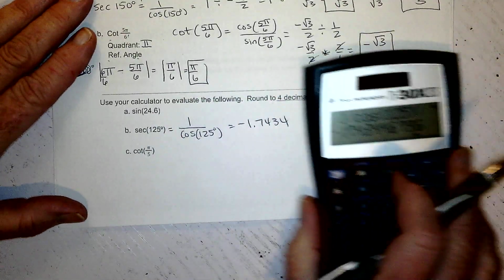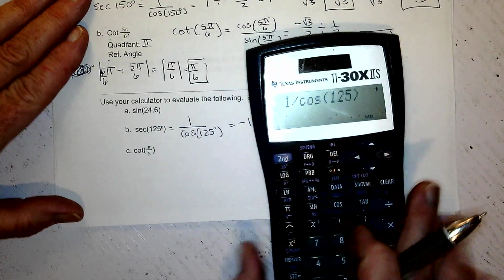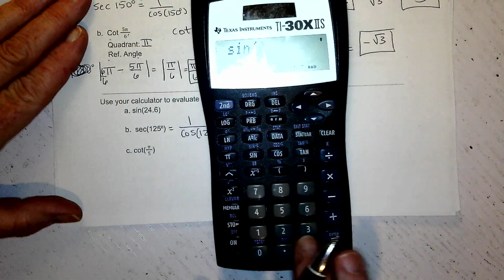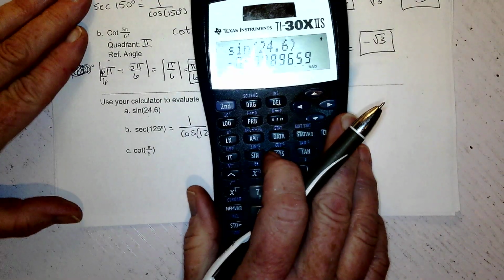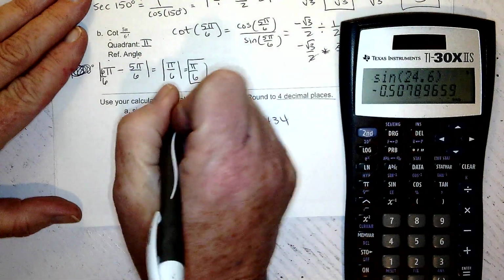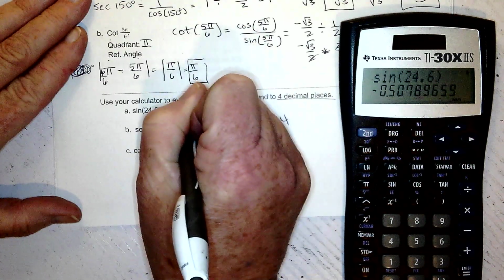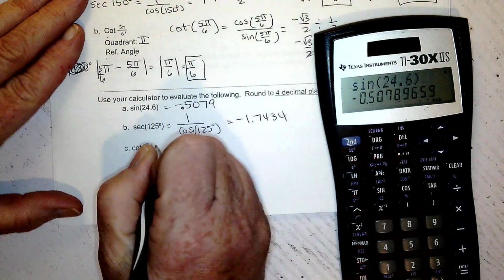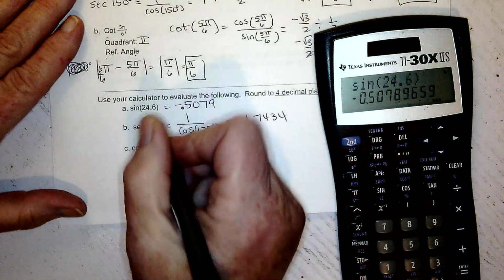All right, now I'm going to move my calculator to radians because everything else is radians. So the next one I'm going to do is sine of 24.6. So sine 24.6 is negative 0.5079. All right, and then the last one is cotangent. Cotangent, again, don't use cosine over sine. Just use 1 over tangent.